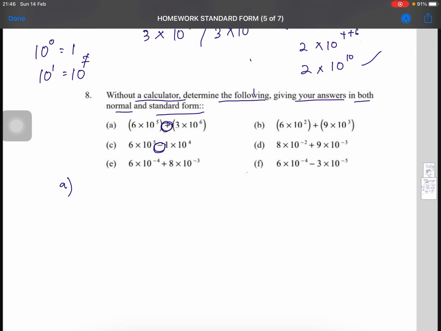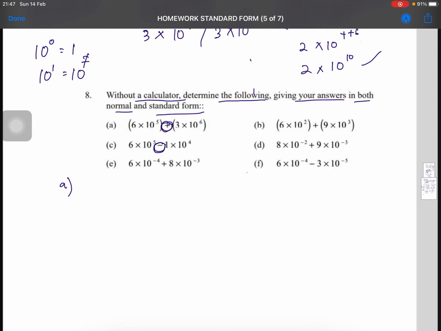Okay, as I said just now, for addition and subtraction, we must equate the power, then we can add the numbers directly. Same also for subtraction. The first thing, you must equate the power, and then you proceed to add or subtract the numbers.